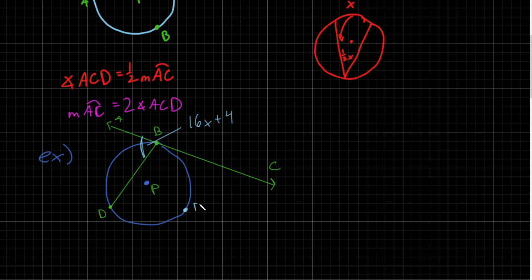Let's say this is E. So B, E, D. The measurement of arc DEB we're going to say is 38x plus 2. So this entire arc is 38x plus 2. Why don't you find what x is? Find x.